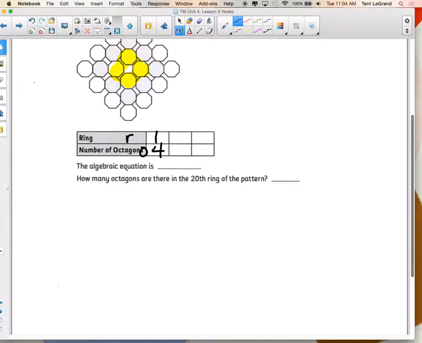Okay, don't highlight the next ring, just count, right?